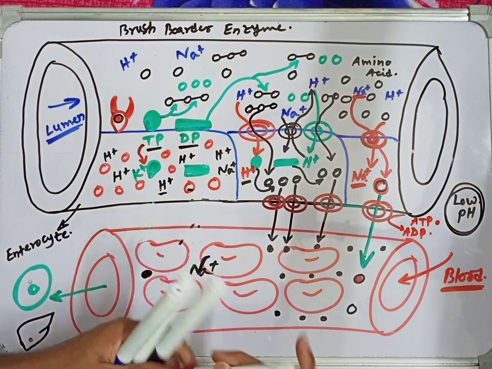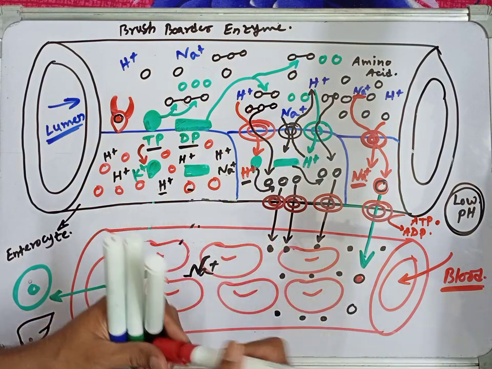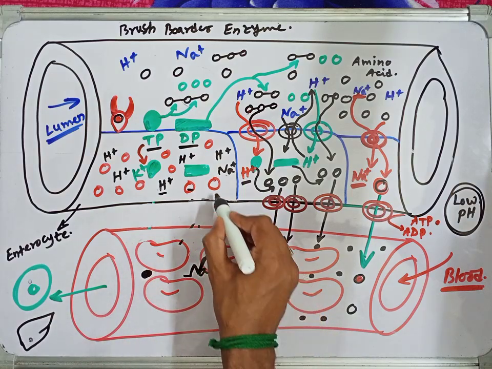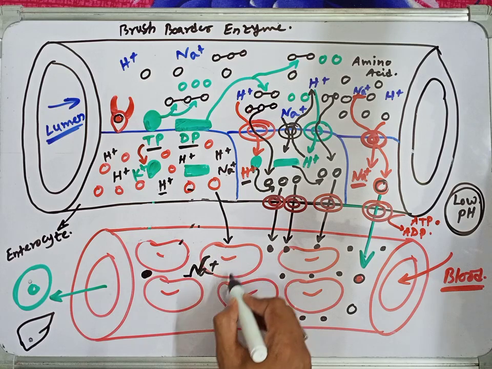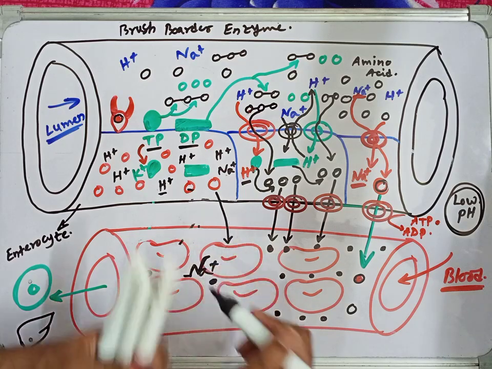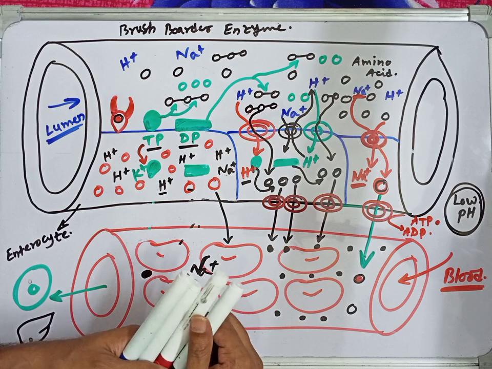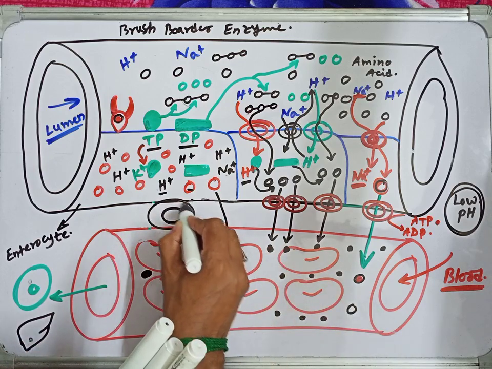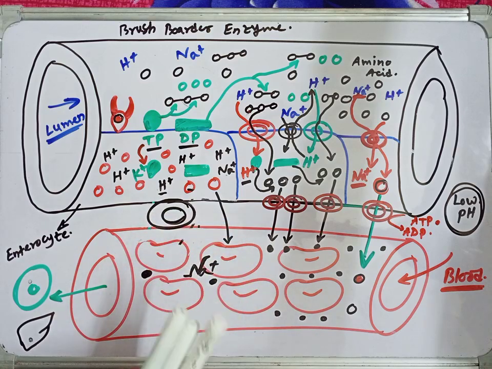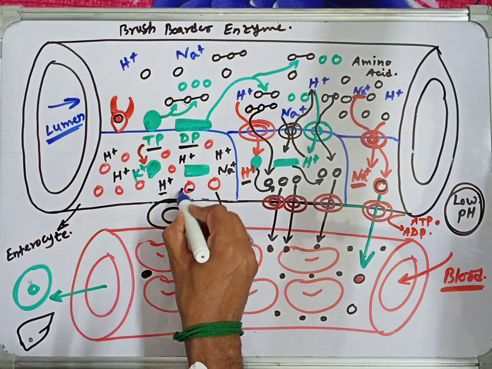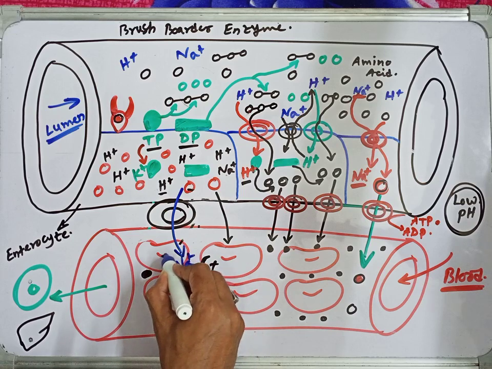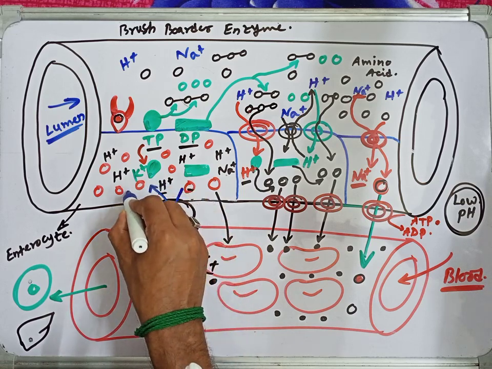And again, we need to understand that this amino acid enters into the blood, and there is another exchanger. There is a sodium potassium exchanger. This sodium potassium exchanger works so that one sodium comes inside the blood and one potassium goes back to the enterocyte.